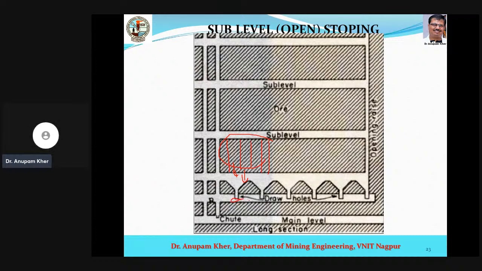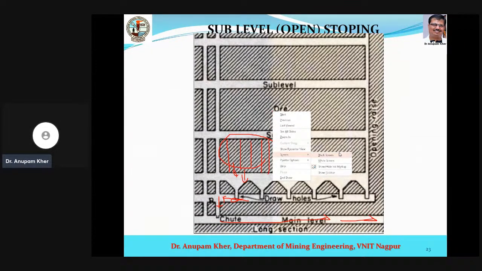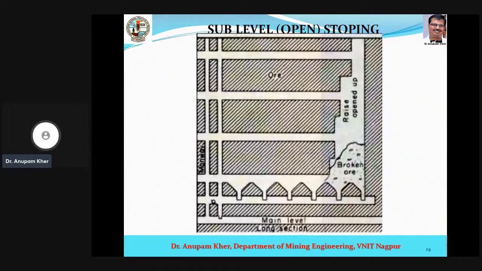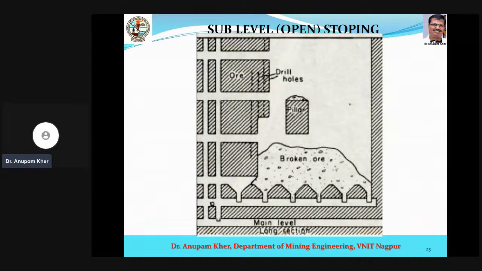If there is an LHD, it can further bring it down through chutes, and then it is transported to the lower level. From this lower level it goes to the cross cut, and then it is transported outside. So this is the fundamental idea, and you can see the sub levels being broken and progressing like this.